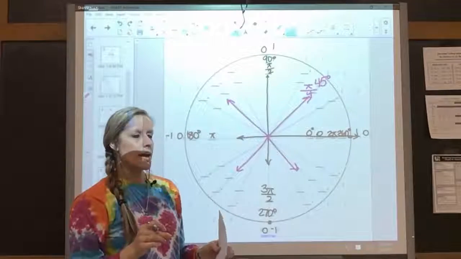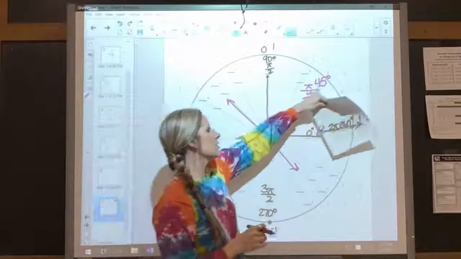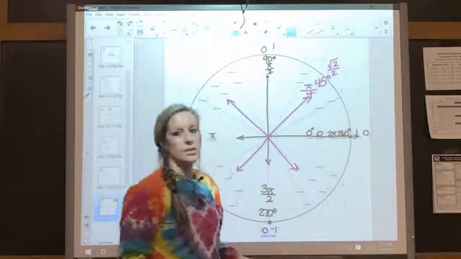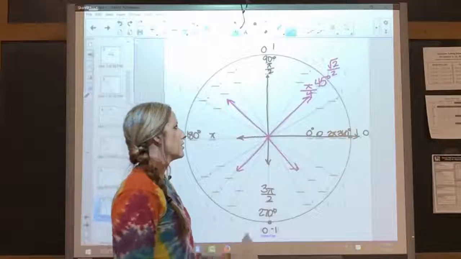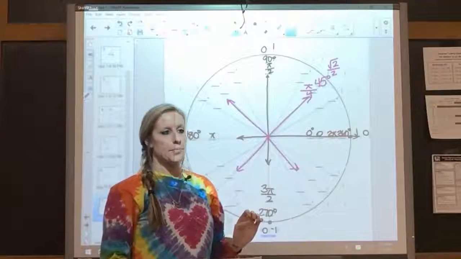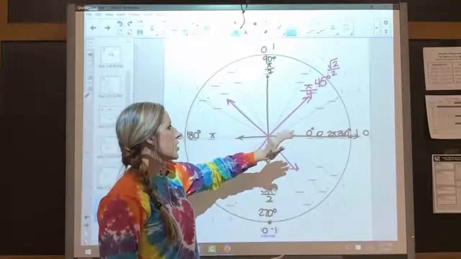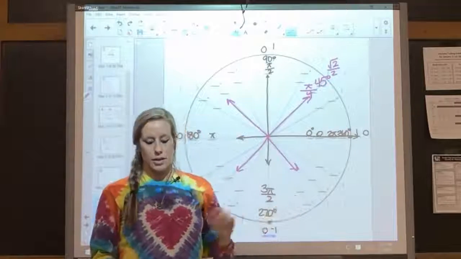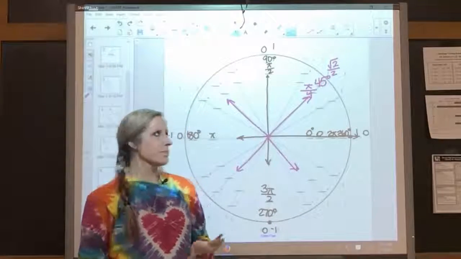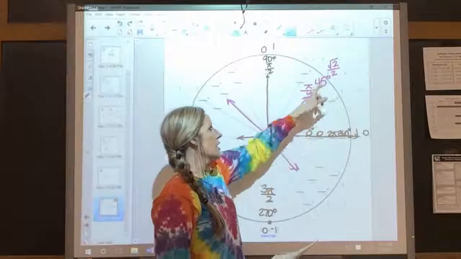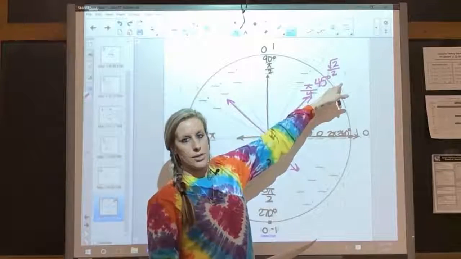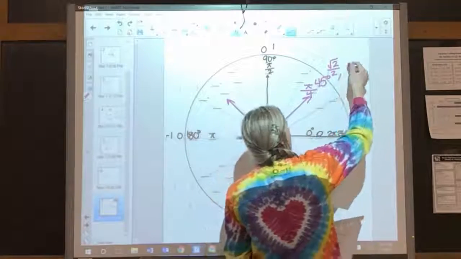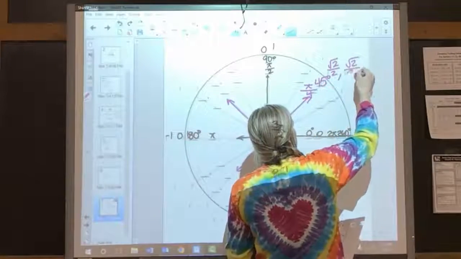The cosine of 45 degrees was the square root of 2 over 2. So that's going to be our x, because remember, this is a unit circle. So cosine is x over r, and r is 1. We talked about that yesterday too. So this x is going to be your cosine. The y is going to be your sine: square root of 2 over 2.